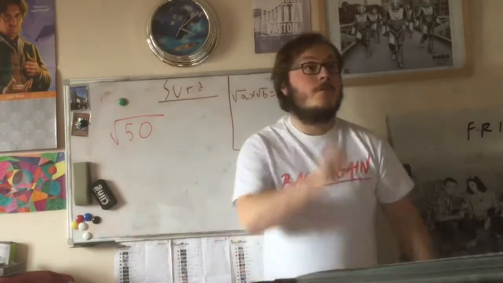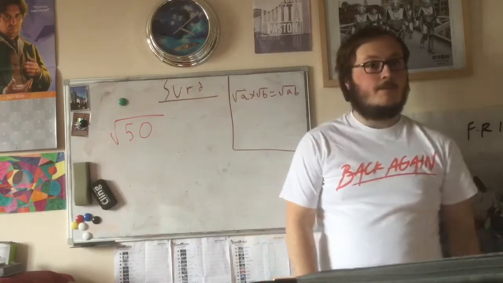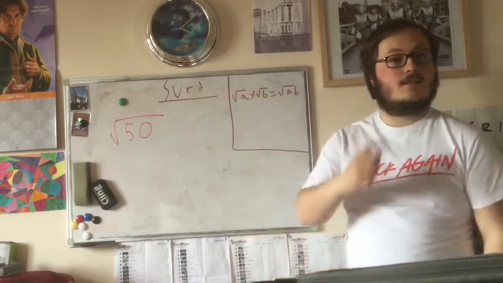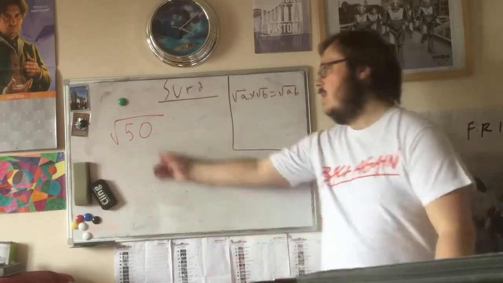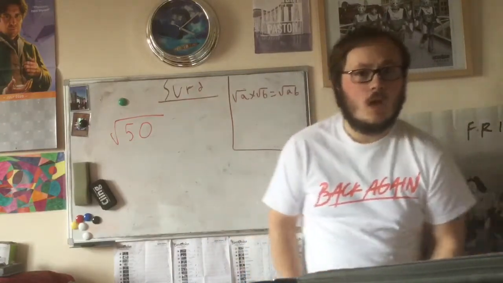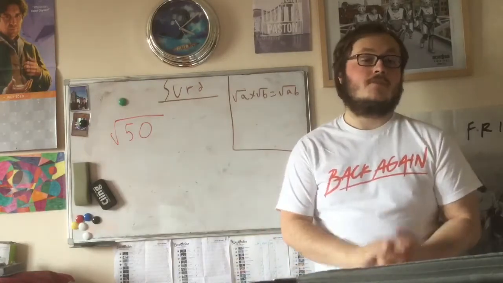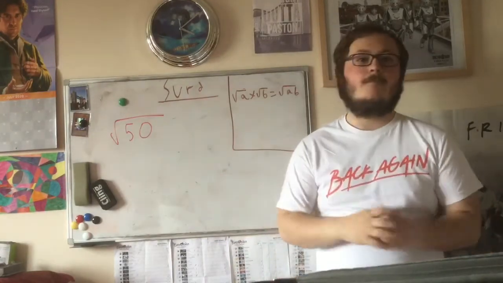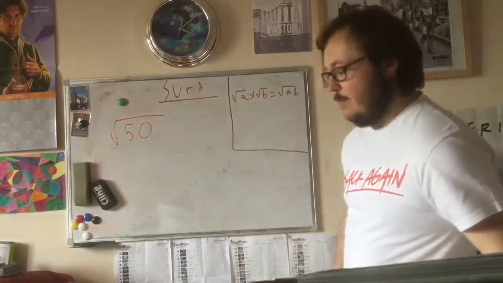So I have root 50. Now root 50 will give us a surd, but we can simplify it. So let's find two factors, and one of those factors has to be a square number. We can't do 1 and 50, because even though 1 is a square number, we'll then just end up with root 50 again. It doesn't really get us anywhere. What about 10 and 5? Well, neither of them are square numbers, so we can't use it. What about 2 and 25? 25 is a square number, so let's write it down.